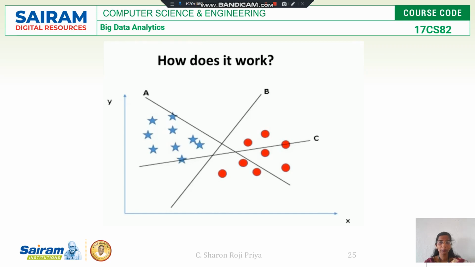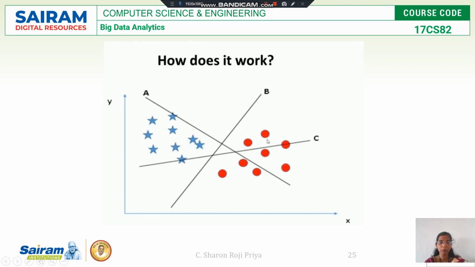But what about C? Take one side of your C hyperplane, you have just two red data points, and to the other side of your C hyperplane, you have these red color circle data points, right?